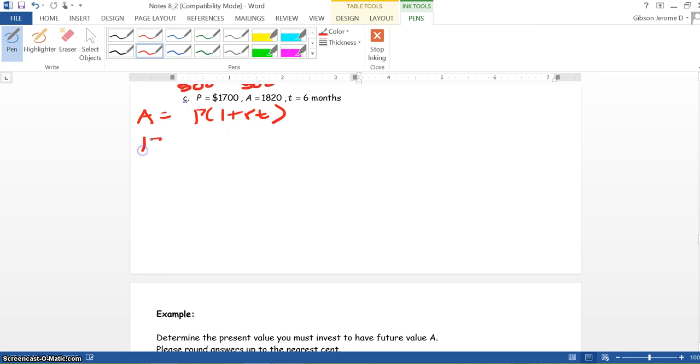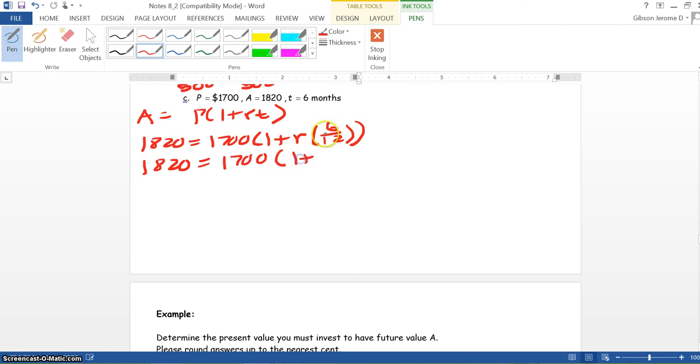So we have A, which is 1820, is equal to P, which is 1700. 1 plus R, we don't know the rate, and T is 6 months out of a year or 12 months. So we have 1,820 is equal to 1,700 times 1 plus, we know 6 over 12 is 1/2. So we could say that is 1/2 R.